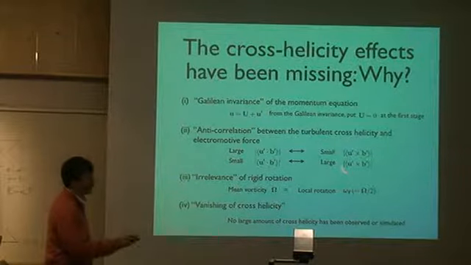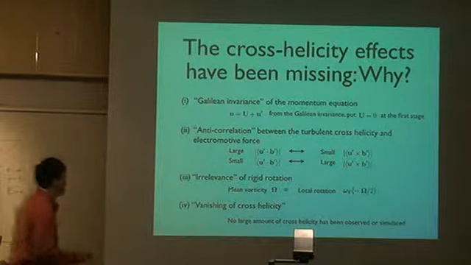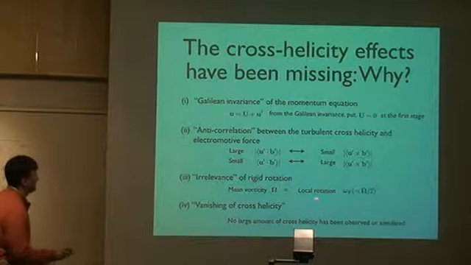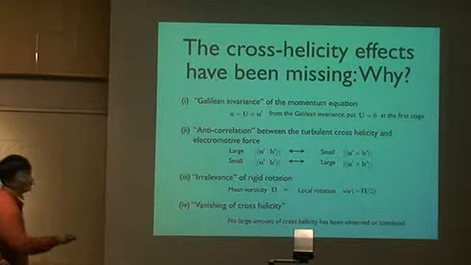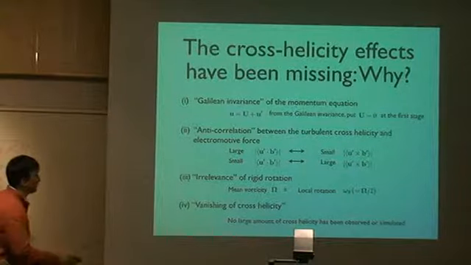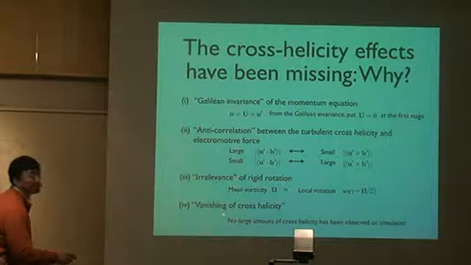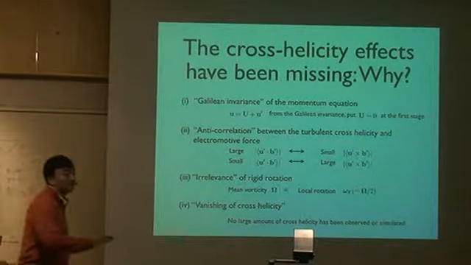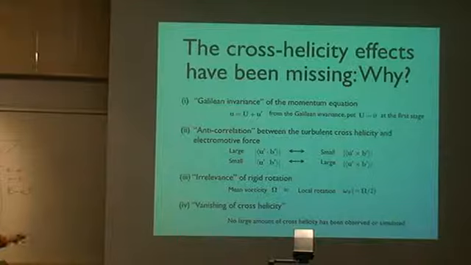The other is that rigid rotation itself never contributes to the magnetic field. Another substantial reason is the vanishing of cross helicity: no large amount of cross helicity has been observed in turbulence.